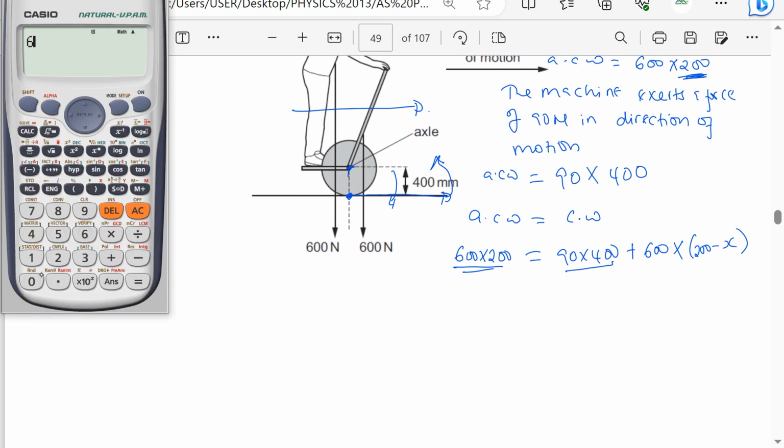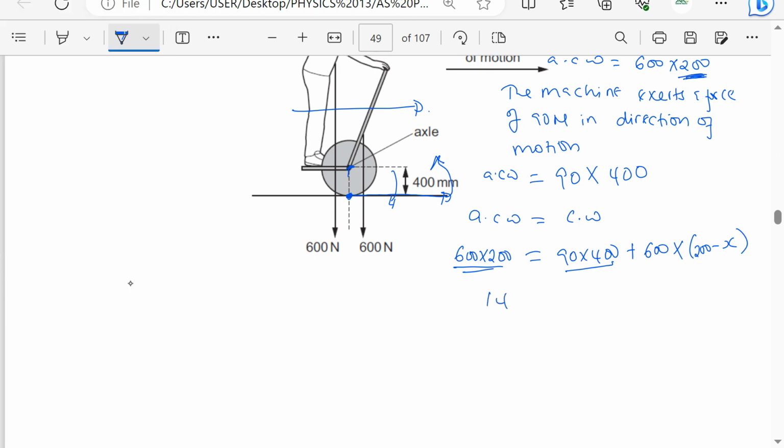This would be 600 times 200 minus 90 times 400, divided by 600. So I have 140 is equal to 200 minus x. It means x is going to be equal to 60 millimeters.